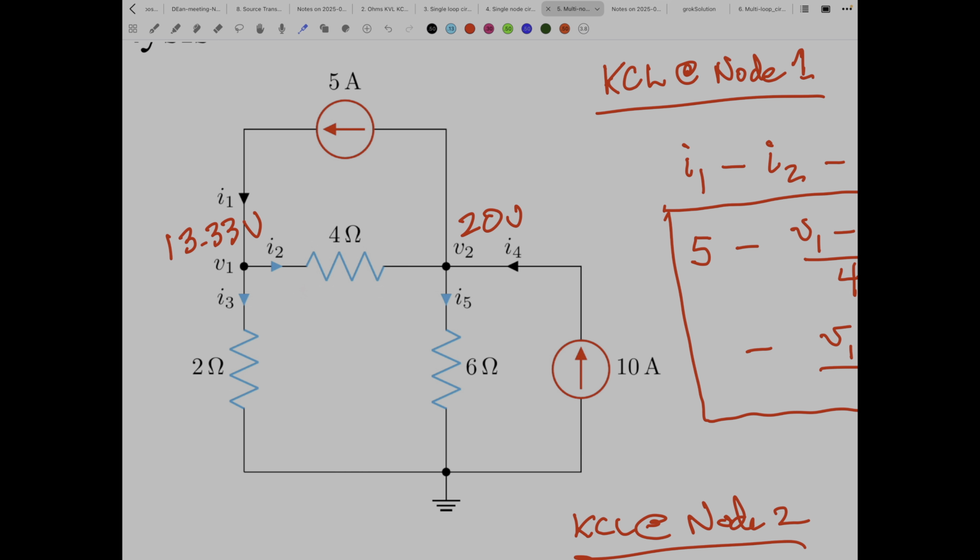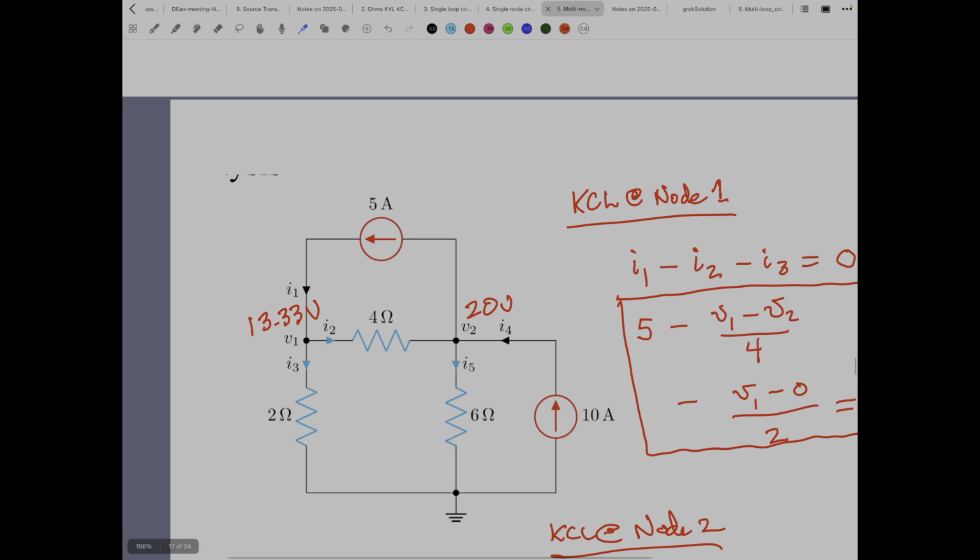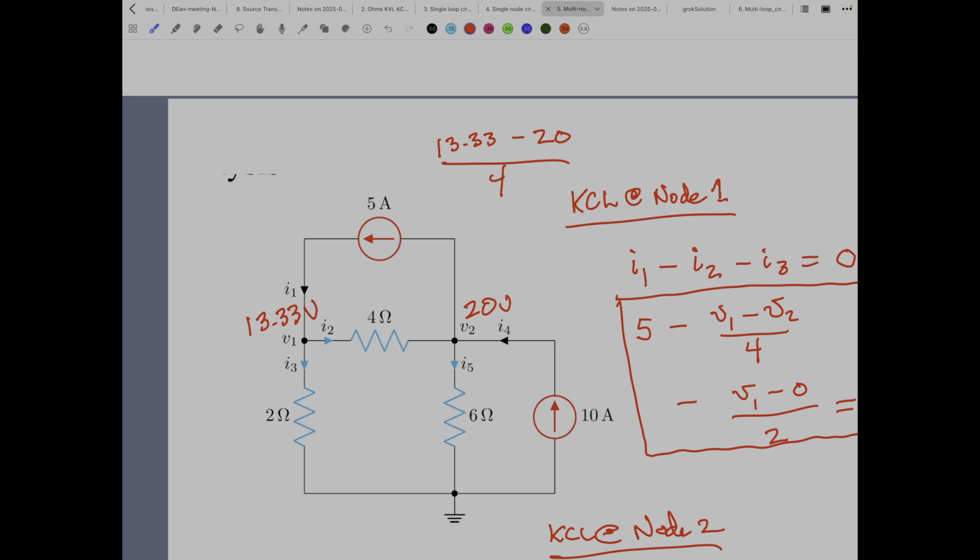I mean, when you solve for I2, it's going to be 13.33 minus 20 divided by 4, whatever that works out to. That's going to be a negative number, so that many milliamps will be flowing in this direction.